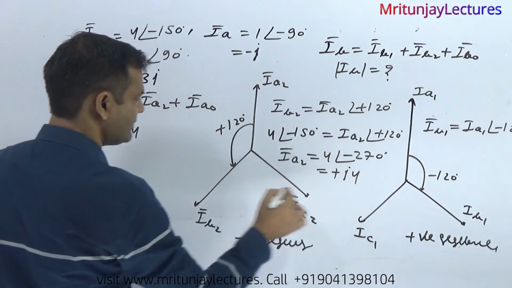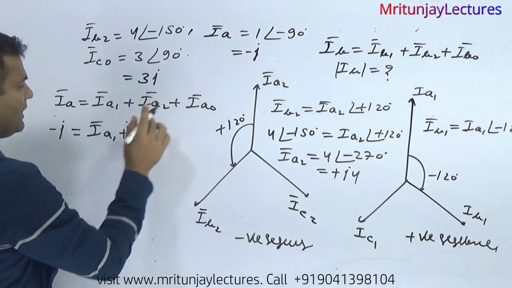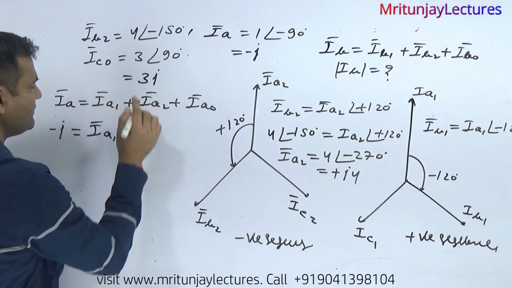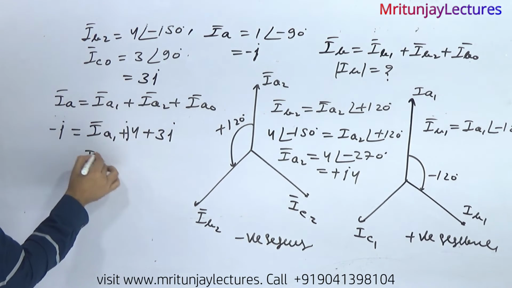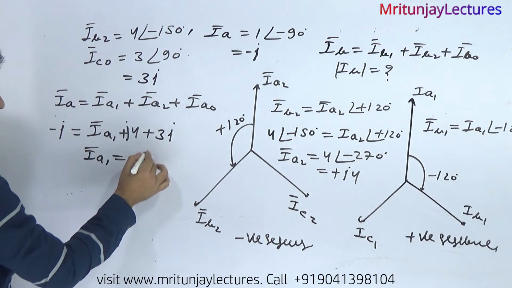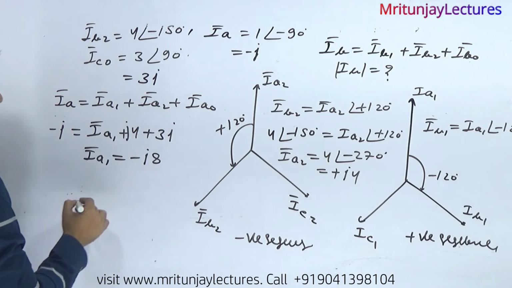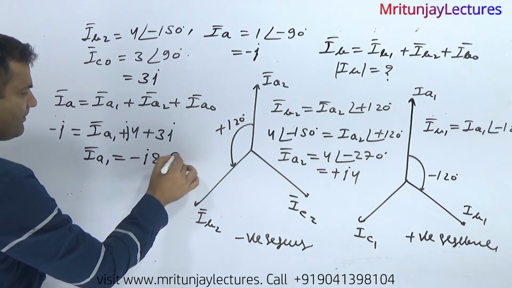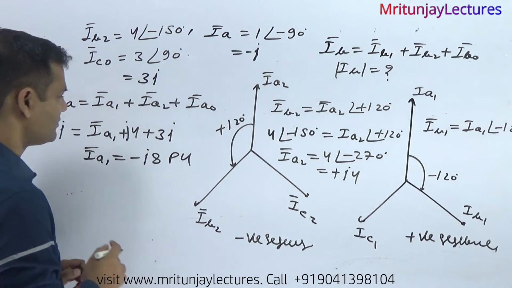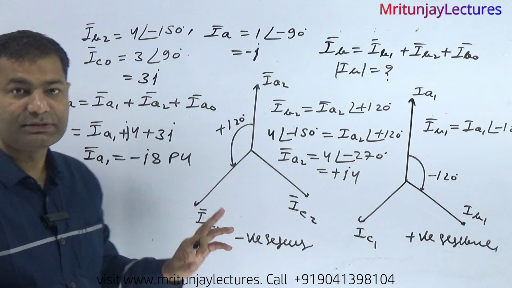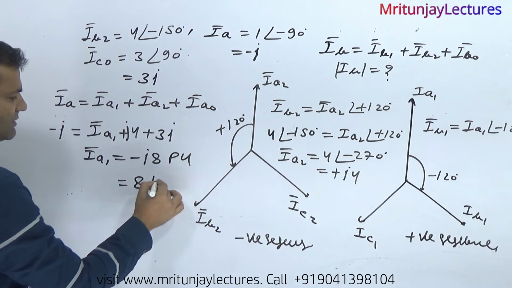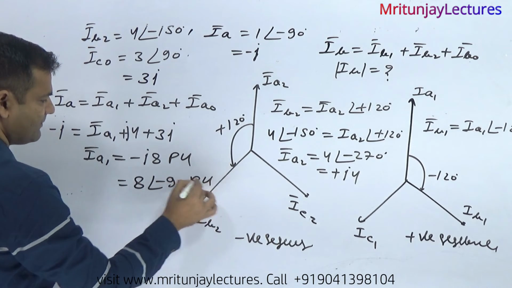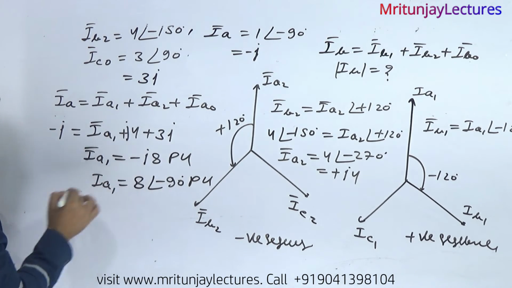IA0 is given as 3j. So finally IA1 is -8j pu, or 8 at the angle -90 degrees pu.